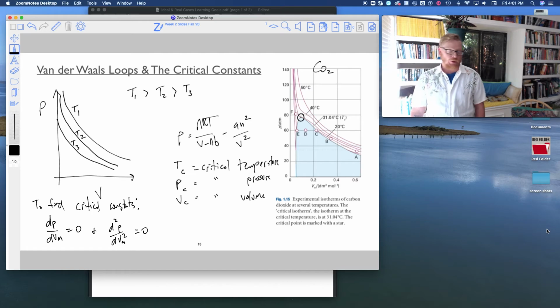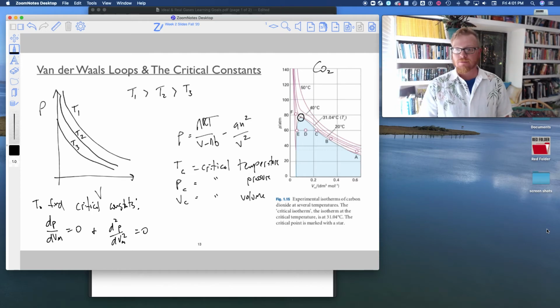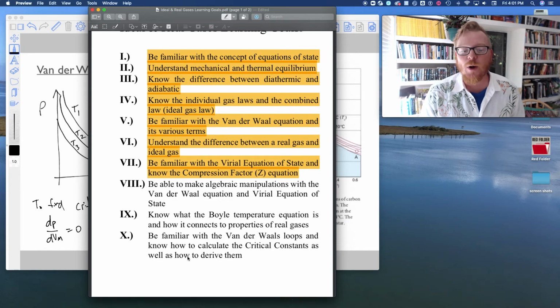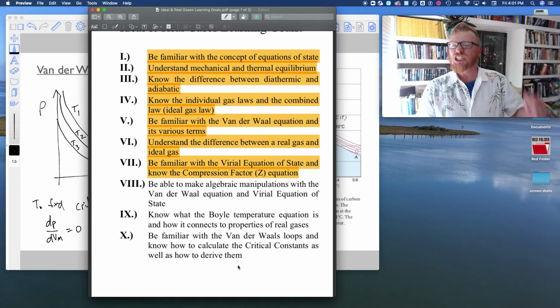And a little bit of algebra. I'm not going to do this one, okay? Hint, hint, hint. I'm not going to do this one, but be familiar with the van der Waals loops and know how to calculate the critical constants as well as how to derive them.